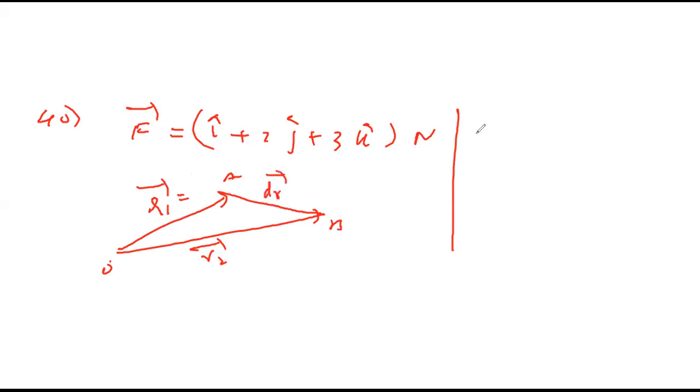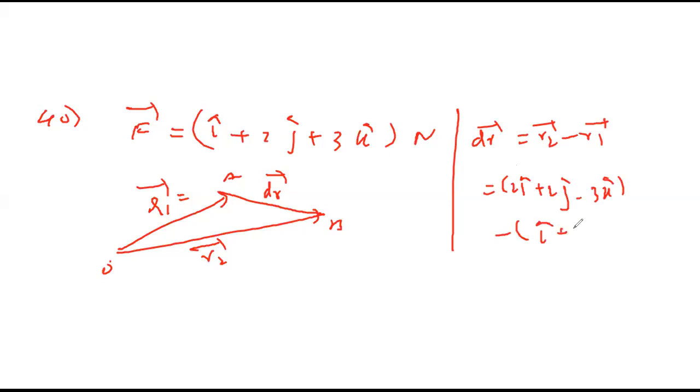I'm calling it dr bar. dr bar is R2 bar minus R1 bar. R2 is the position vector of B, which is 2i cap plus 2j cap minus 3k cap, minus the position vector of the first one, i cap plus 3j cap plus 3k cap. 2i minus 1i is i. 2j minus 3j is minus j. Minus plus minus, so minus 6k.